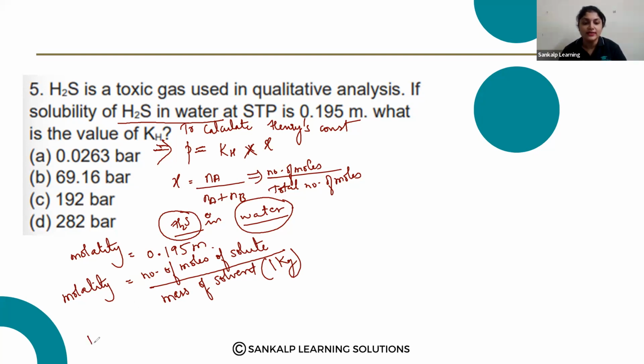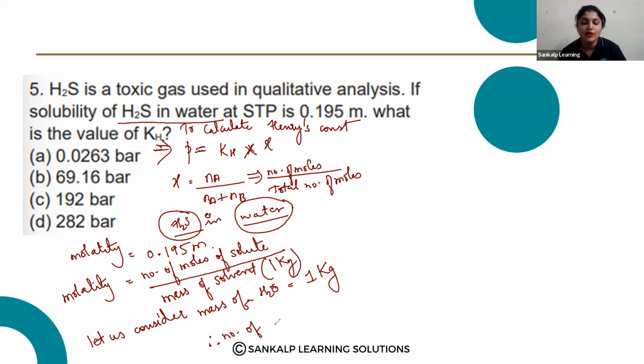So now let us consider the mass of water. Mass of water is 1 kg because the solvent taken is water. So let the mass of the water be 1 kg because it is in terms of molality. We know the mass of solvent and we know the molality, so we'll calculate the number of moles of solute.